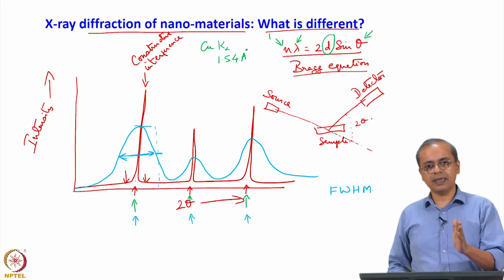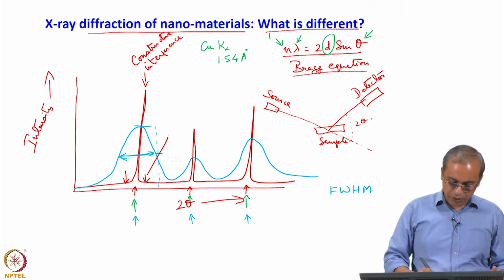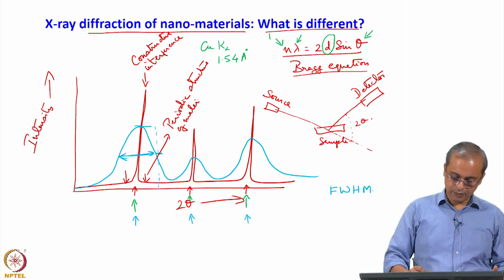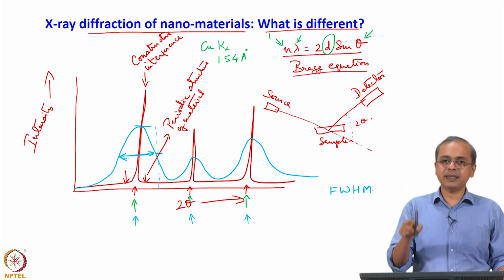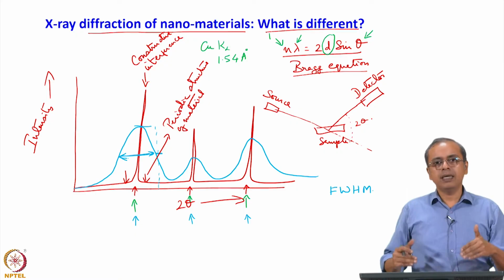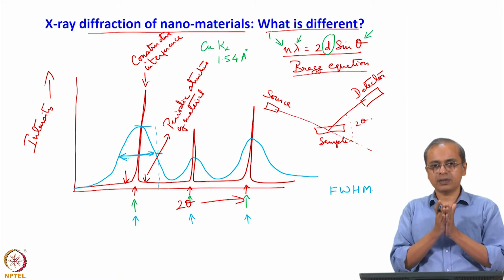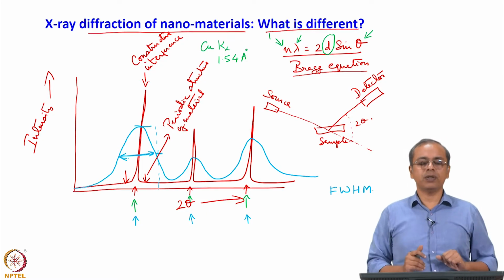That 0 or near 0 intensity is also due to the periodic structure of the material. Normally we only think of the peak as being present because of the periodic structure of the material. We do not talk much about the background, but just as the peak is a direct result of the periodic structure, the background which reaches 0 also reaches 0 because of the periodic structure of the material.